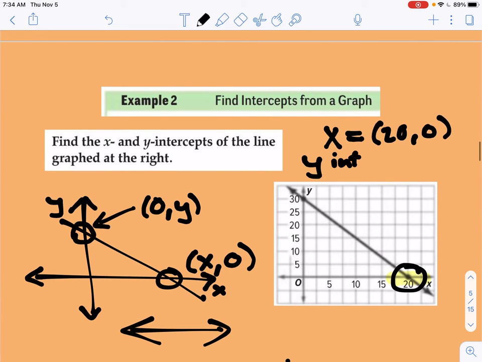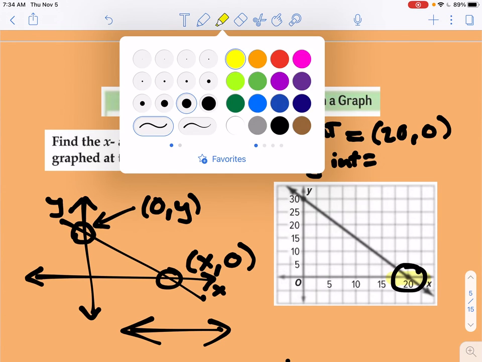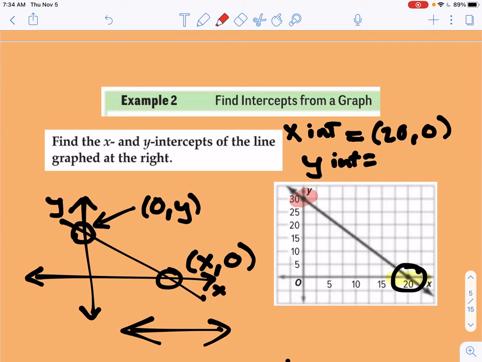I don't know why I didn't do that for x. All right, my y-intercept is going to be where this crosses the y-axis, and it crosses the y-axis right up here. So my x-coordinate at that point is 0, and my y-coordinate is 30. So that's my x and my y-intercept.